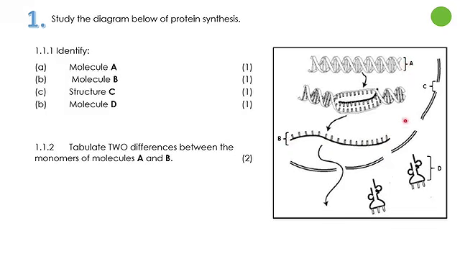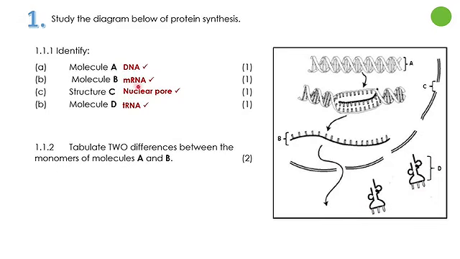Then we're going to look for C, which is part of our nuclear membrane, so the opening that our mRNA molecule can slip through. That will be our nuclear pore. And then structure D, the whole structure that we see here, this will represent our tRNA. So there we go. There are the answers to that structure.